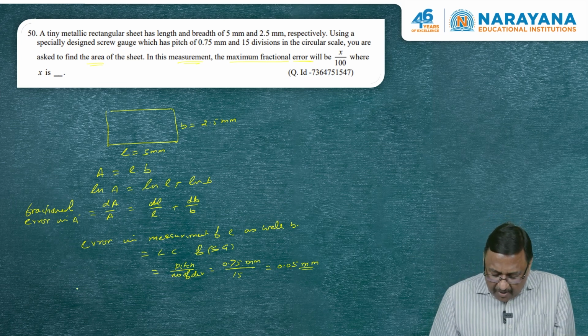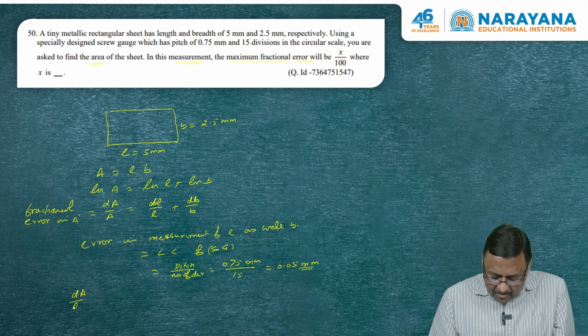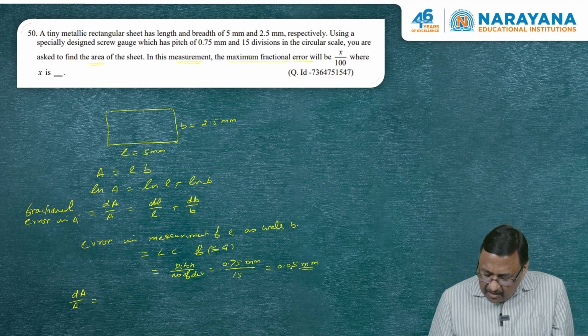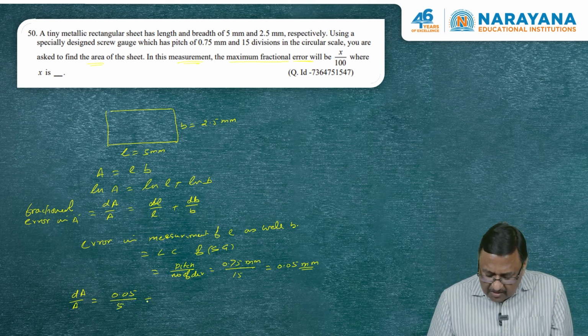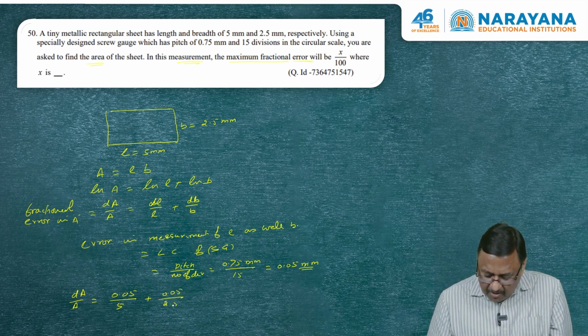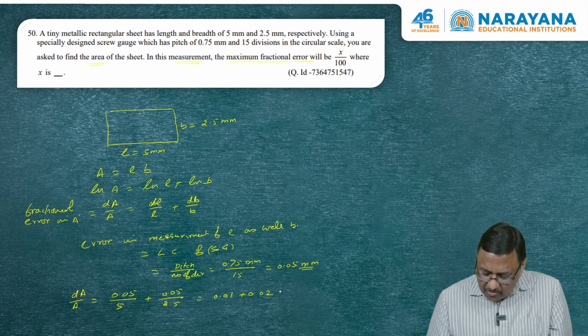So in the fractional error in area, dA upon A, dL and dB are going to be 0.05. So I write 0.05 divided by length, which is 5 in the same units, plus dB, again 0.05, divided by B, which is 2.5 here. So this will become 0.01 plus 0.02, so it becomes 0.03.